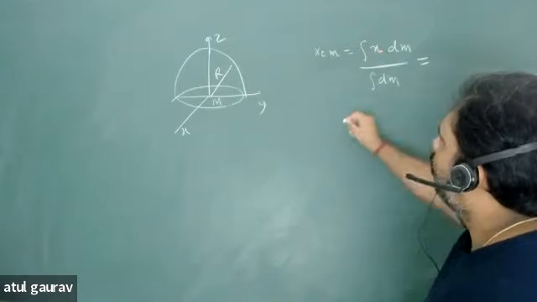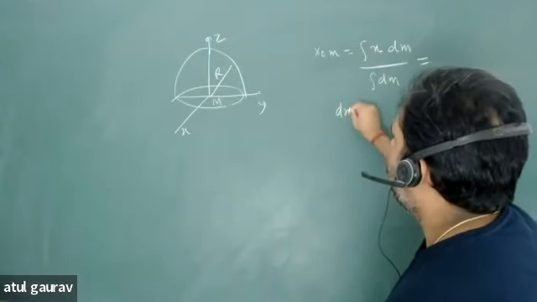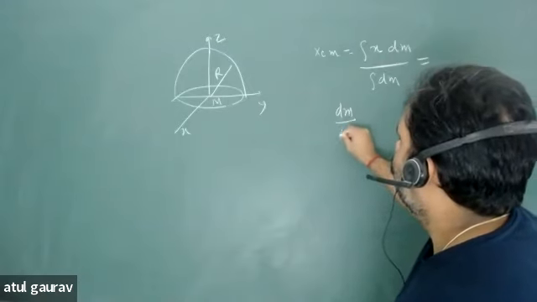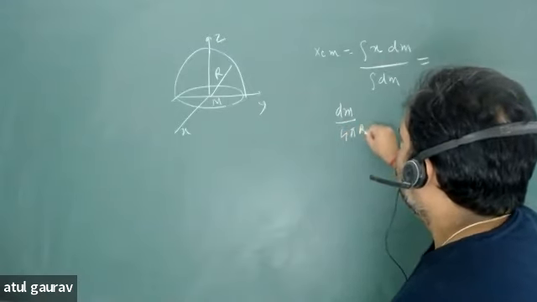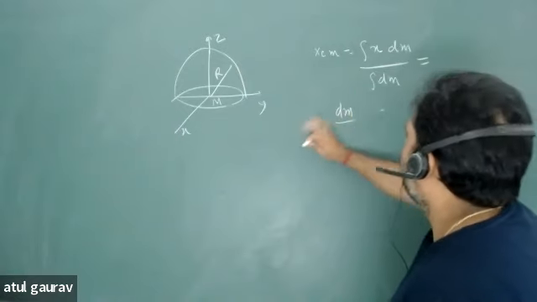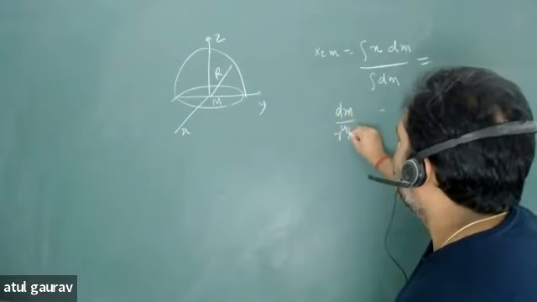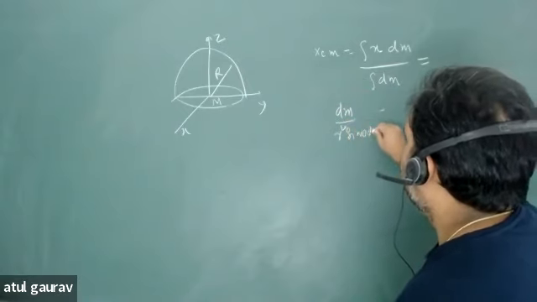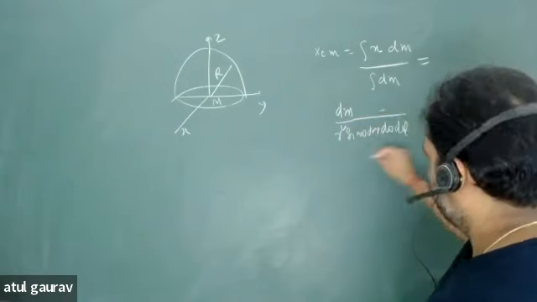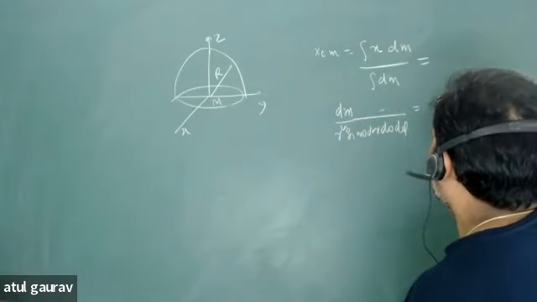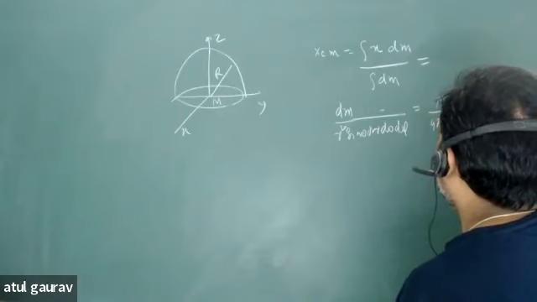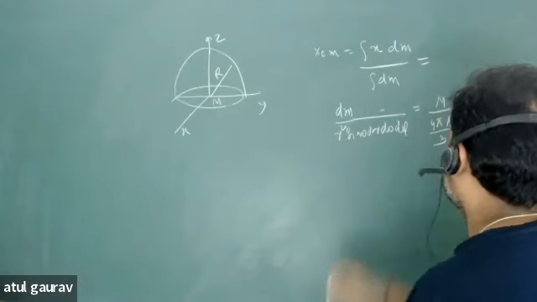And what is your dm? Dm upon 4 pi r cube upon 3, sorry, dm upon this will be r square sine theta dr d theta d phi. This is your volume element, and this will be equal to m upon 4 pi r cube by 3.